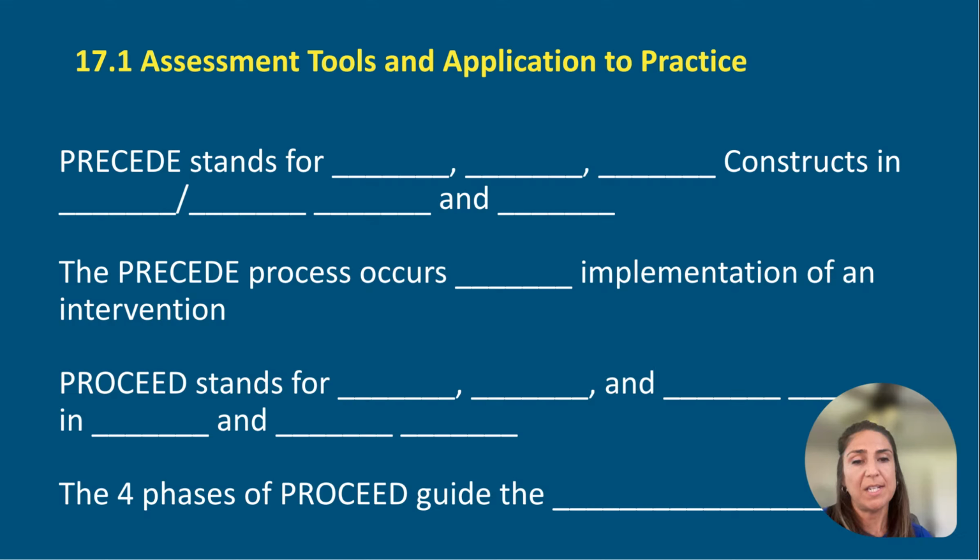The PRECEDE process occurs before implementation, so this is focusing really on the planning and the assessment. Then PROCEED stands for policy, regulatory, and organizational constructs in educational and environmental development. So the PROCEED component has 4 phases, and these guide the actual implementation of the intervention. So together with PRECEDE and PROCEED, there's this comprehensive framework that is ensuring health promotion efforts are evidence-based, community-informed, and systematically implemented.